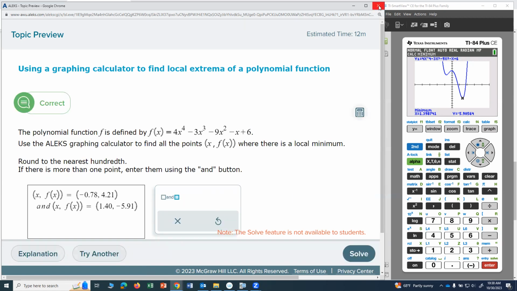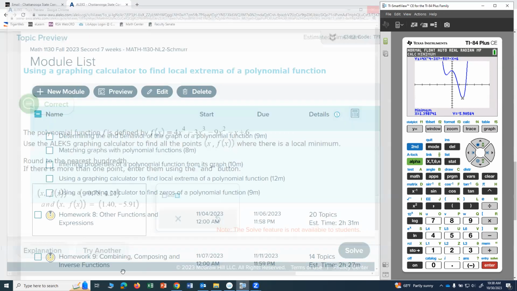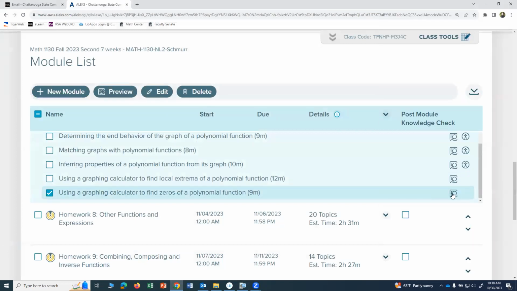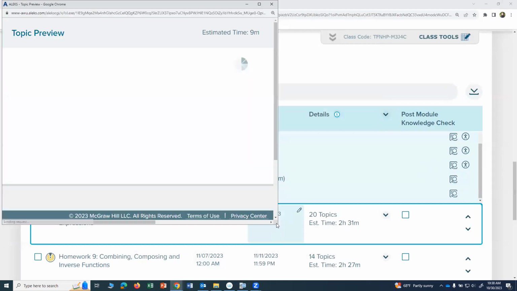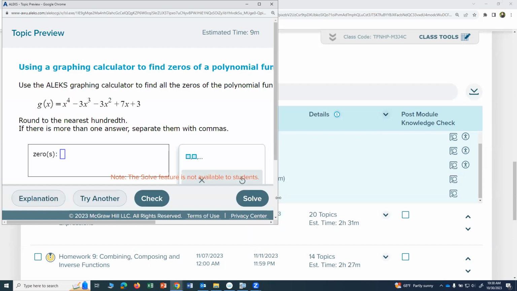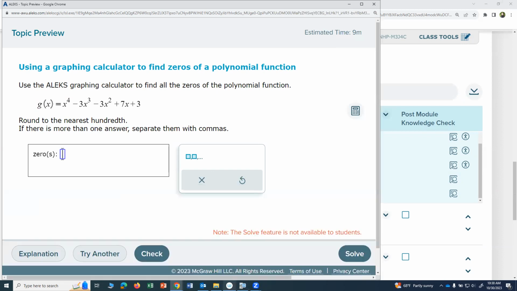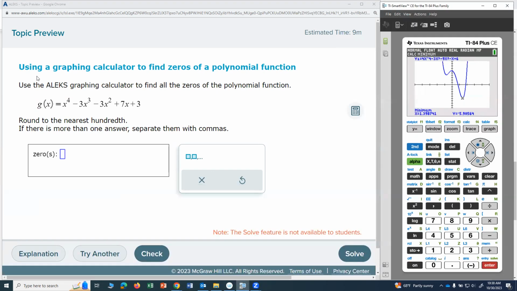All right, so that's how to find the extrema using the TI-84. Now let's look at how to find the zeros. Okay, so I have g of x equals x to the fourth minus 3x cubed minus 3x squared plus 7x plus 3.